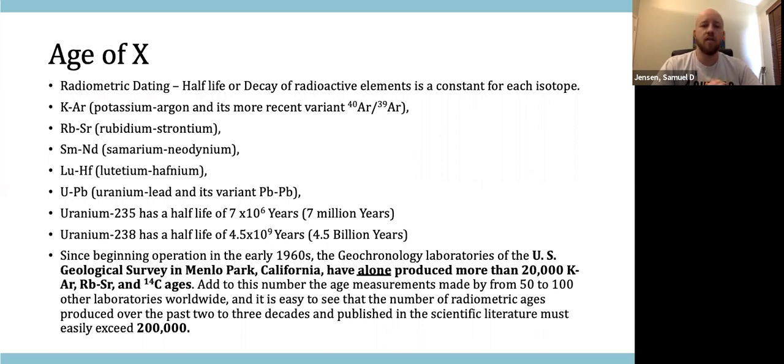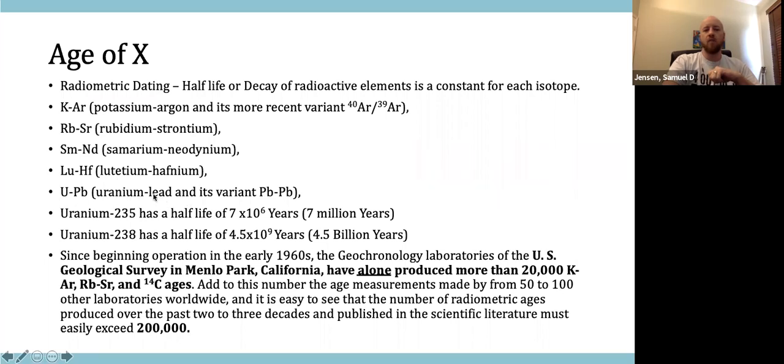And because some of them are radioactive, we know that the radioactivity of these elements is constant. So their radioactive decay is constant for the various elements. You can see rubidium, strontium, samarium, neodymium, lutetium, hafnium, uranium, lead.